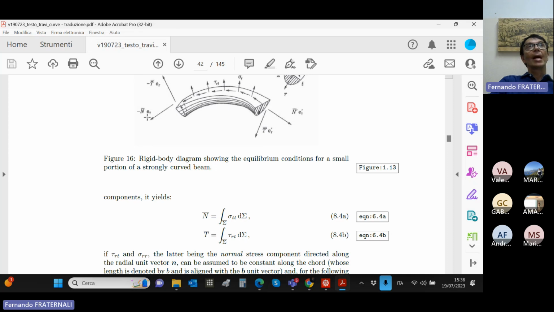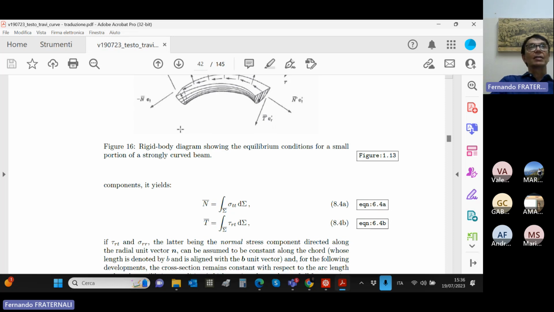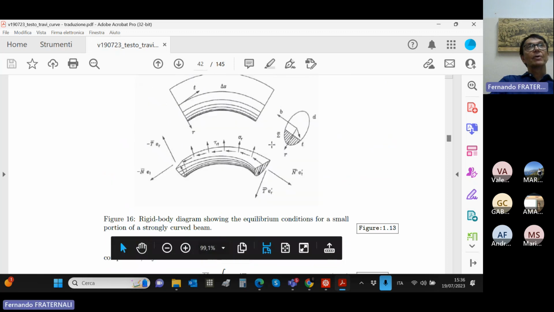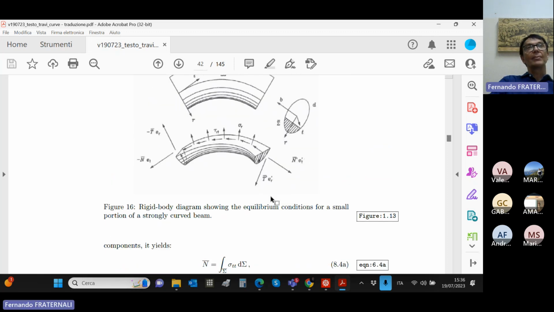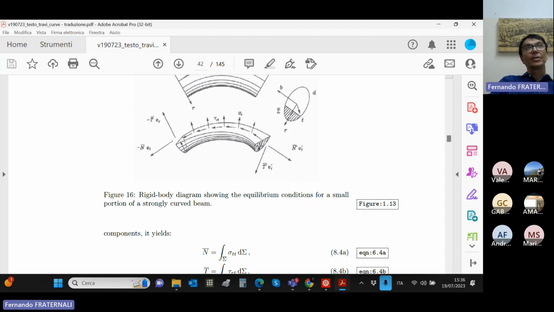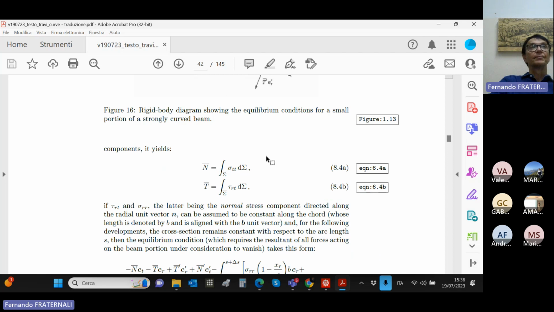So we will have minus N bar e_t minus T bar e_r acting on this base. Then we will have N bar prime e_t prime, T bar prime e_r prime on this other base, because both N, T, and the unit vectors change on this other base.